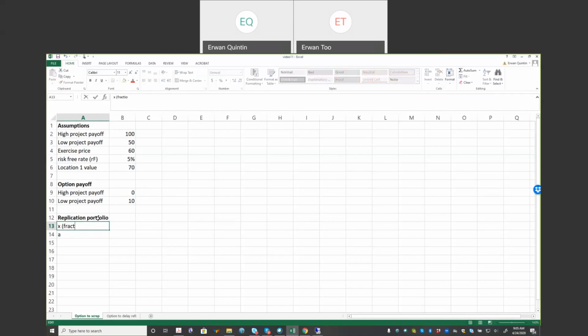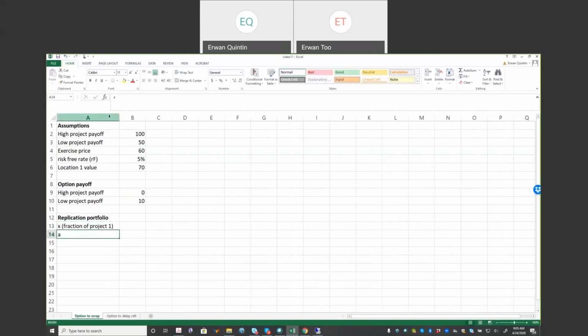This is the fraction of project 1 that I am buying or selling. And we actually did the math already, so we know that x is going to be negative. And this guy here is going to be investment in risk-free asset. Okay, wonderful.